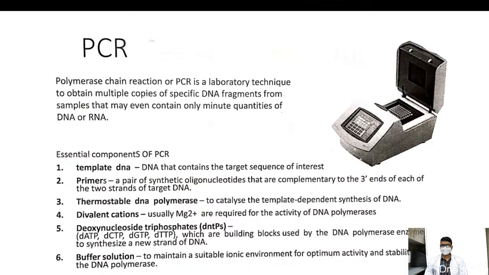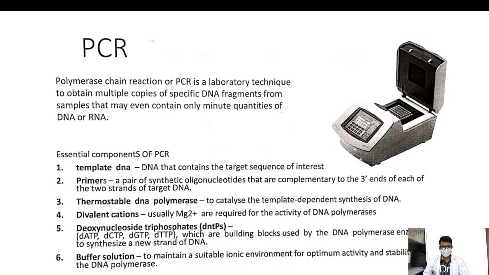These essential components are: first, the template DNA, that is the DNA that contains the target sequence of interest. Then primers. Primers are defined as a pair of synthetic oligonucleotides that have complementary 3' ends of each 2 strands of target DNA. So for us to initiate the amplification process of target DNA, we should have starting codons. Those are called the primers.